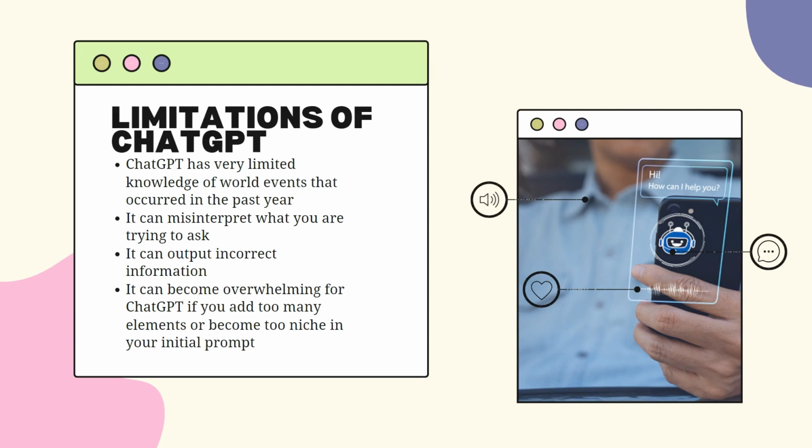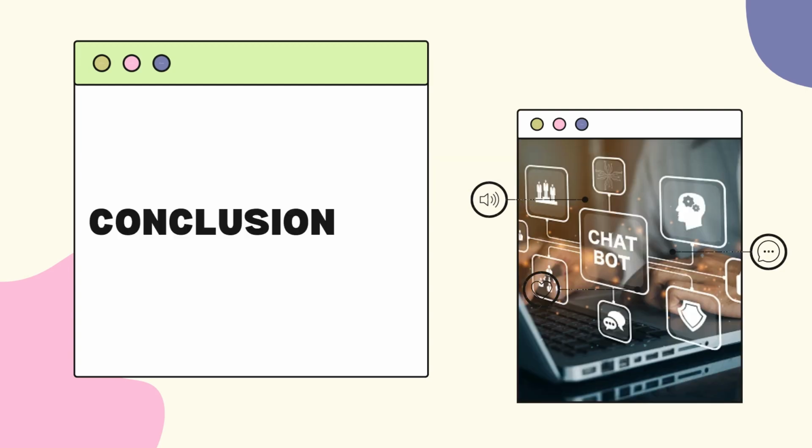It can give incorrect information, and it can become overwhelming for ChatGPT if you add too many elements or become too niche in your initial prompt. Sometimes it cannot completely predict things because it only has the history data, so the output can misinterpret you. Those can be the limitations of ChatGPT.